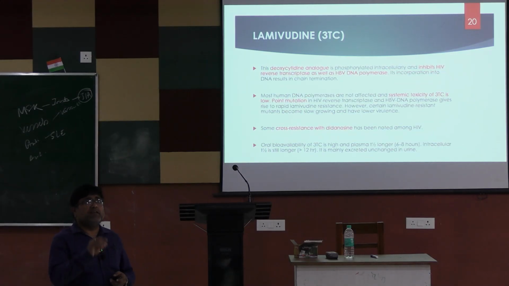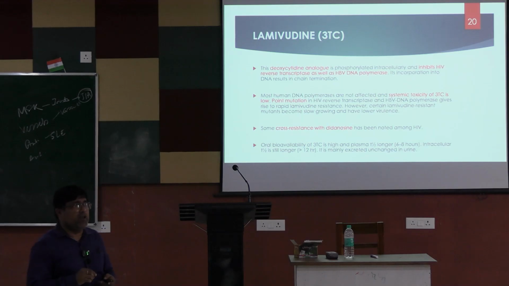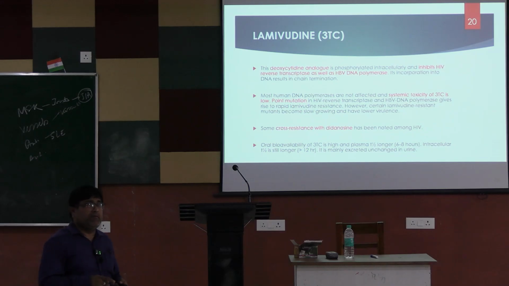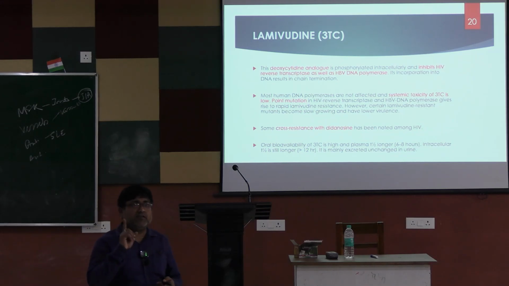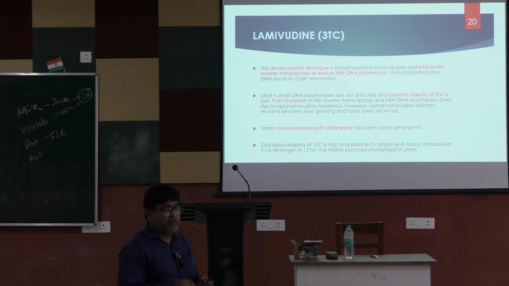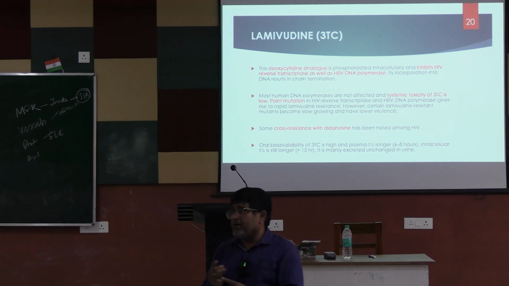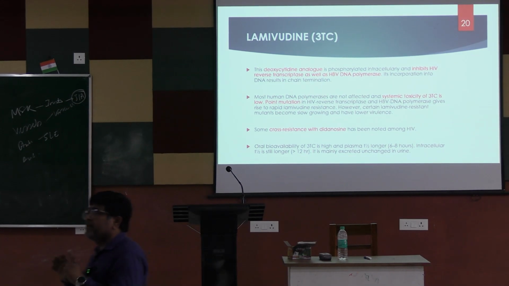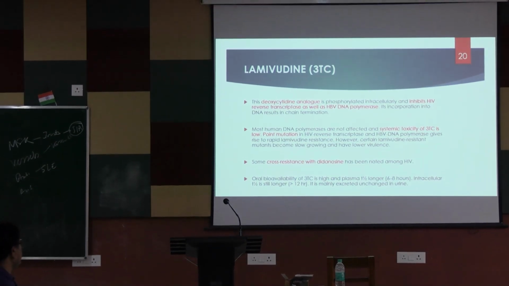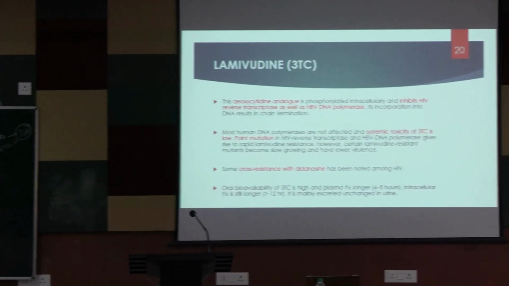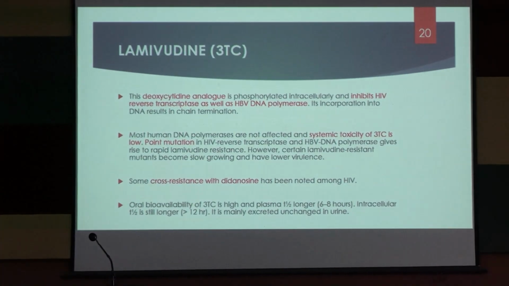Lamivudine is basically a deoxycytidine analog, and it inhibits reverse transcriptase, and it also inhibits HBV, hepatitis B virus DNA polymerase enzyme. So it is not only used in HIV infected patient, but it is also used in chronic hepatitis B virus infection. Now, resistance by point mutation, some cross resistance with diadenosine can develop.